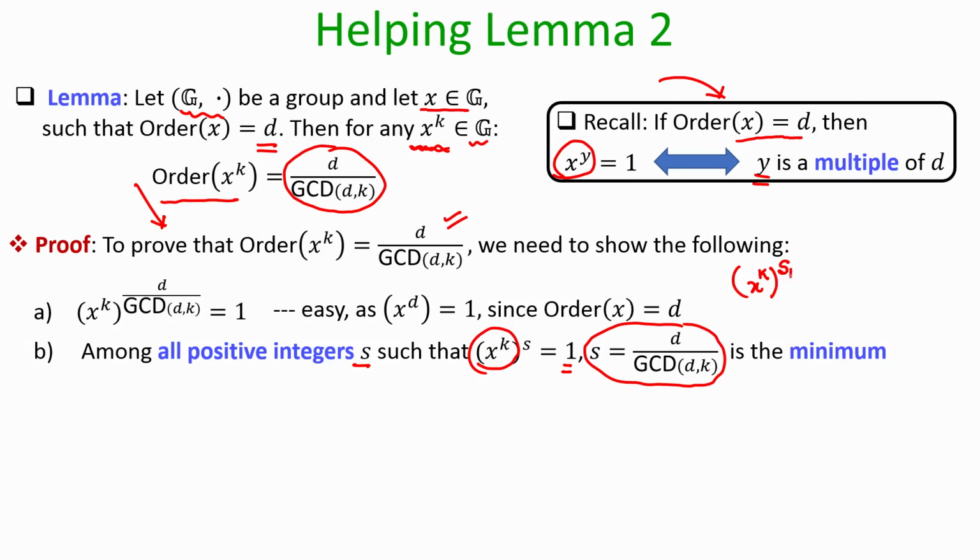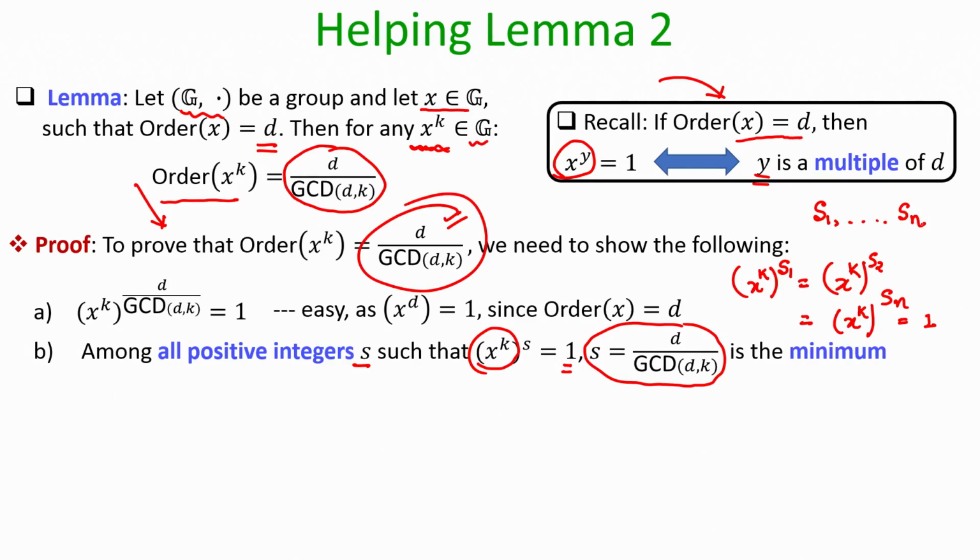You can have an exponent s1 which gives you the identity element, another exponent say s2 which also gives you the identity element, and like that you can have another exponent say sn which also gives you the identity element. So, in order to show that the order of x power k is this value, you have to show that among the various powers s1 to sn, the power where the value is d over GCD of d and k is the minimum one. Okay.